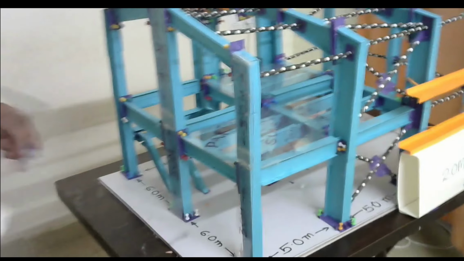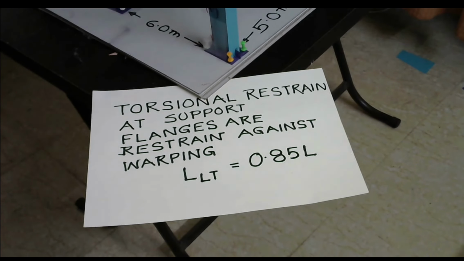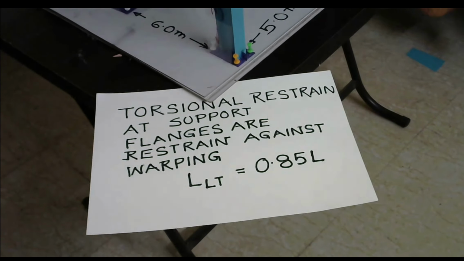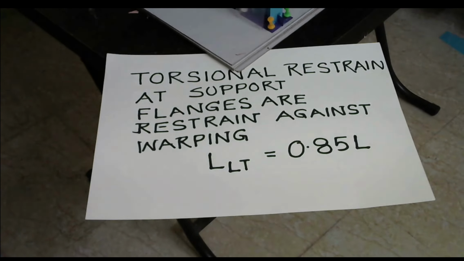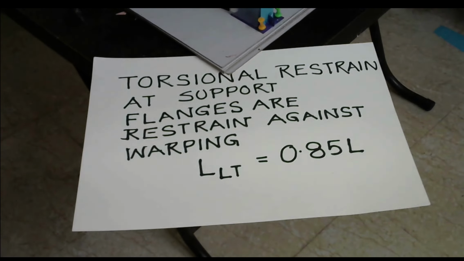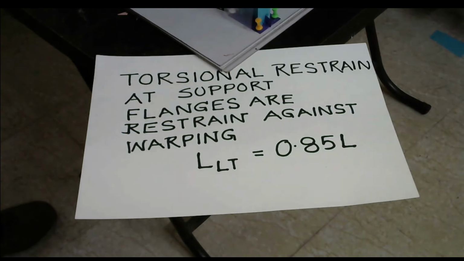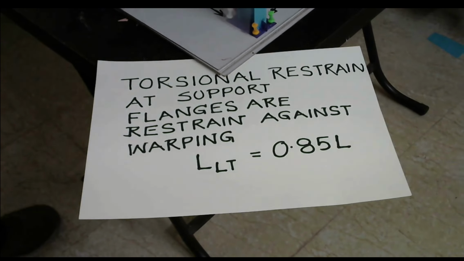I'll show two sheets. In IS 800-2007, usually there is torsional restraint at support, where flanges are restrained against warping. Warping is nothing but the tendency of the flanges to twist. In that case, this LLT parameter is 0.85 L. L is the center to center distance of the supports or connections.